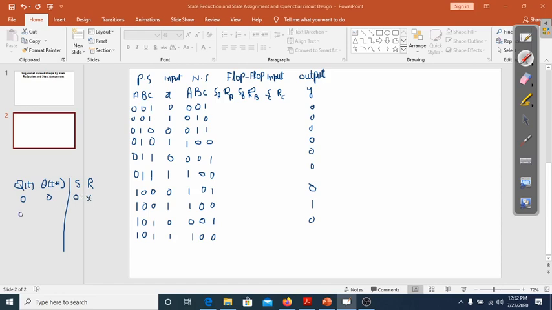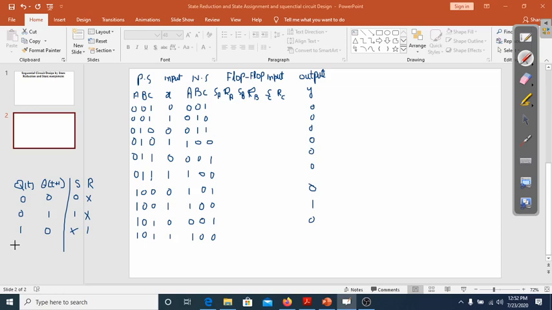When the present state is 0 and next state is 1, S is 1, set is 1, and reset is don't care. When the present state is 1 and next state is 0, reset should be 1 and set should be don't care.